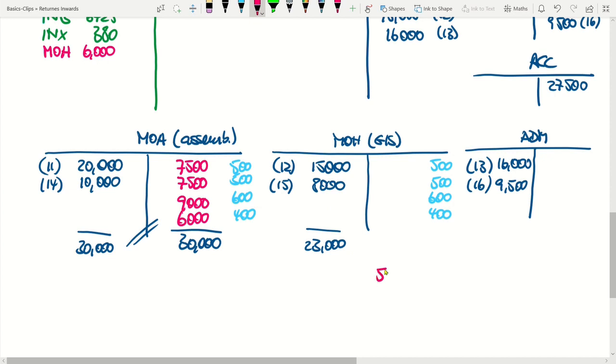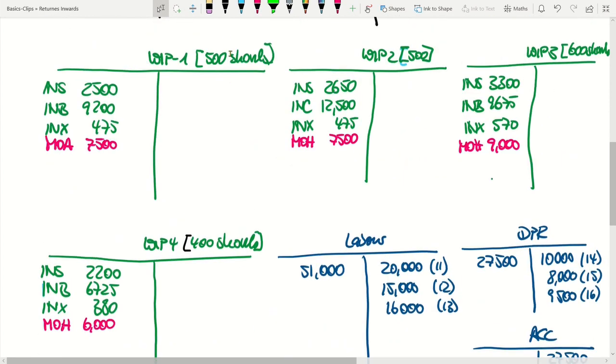And that gives me 500 multiplied with 23,000. So it is 5,750 for the first job order. Same with the other one.